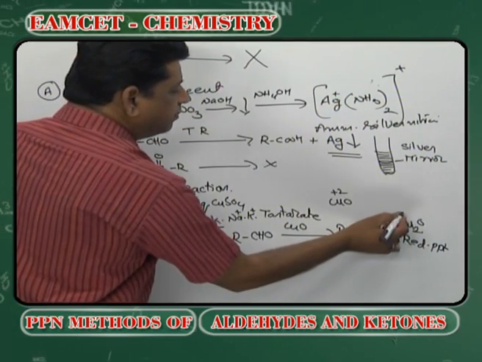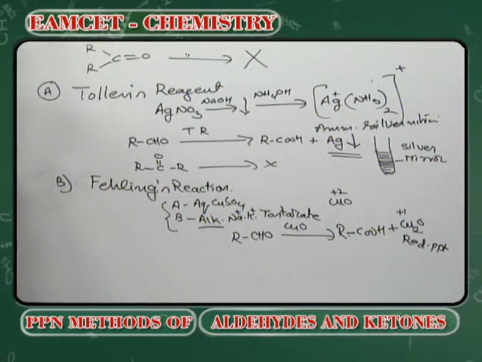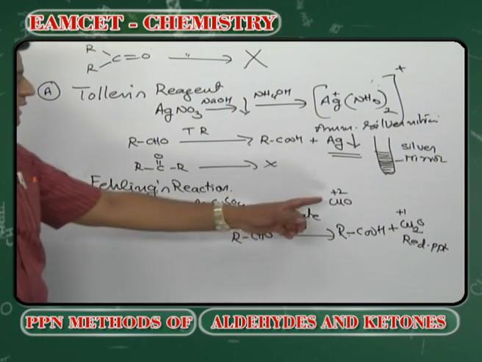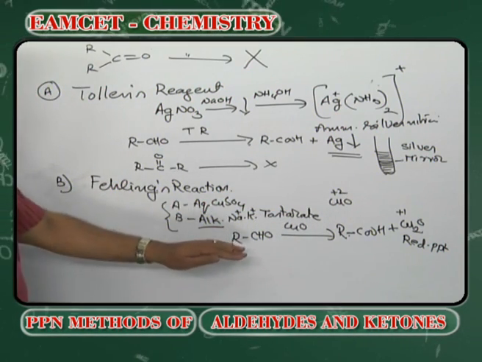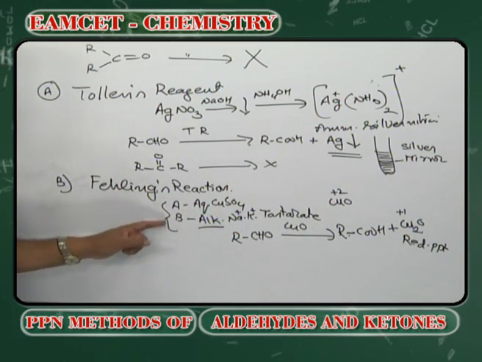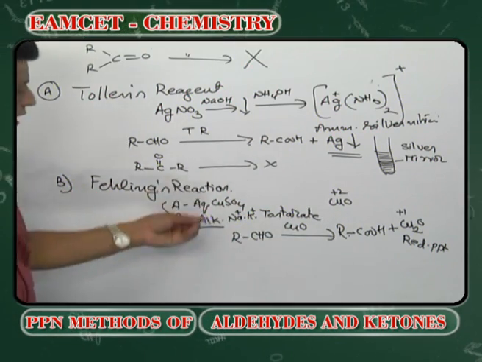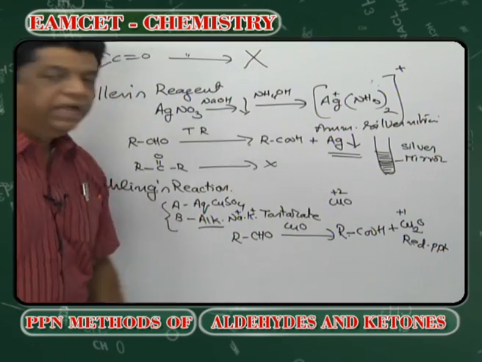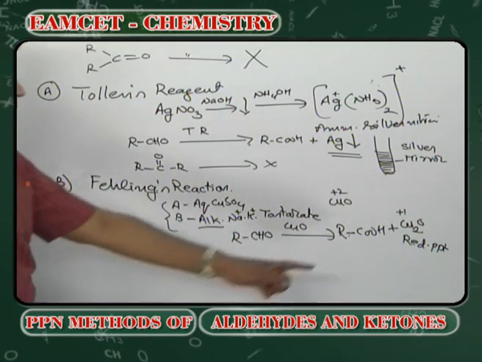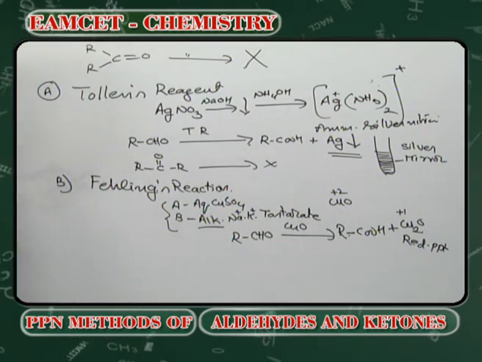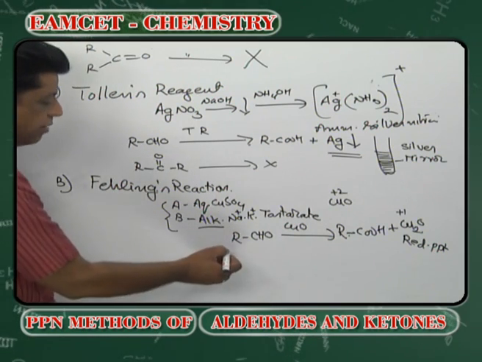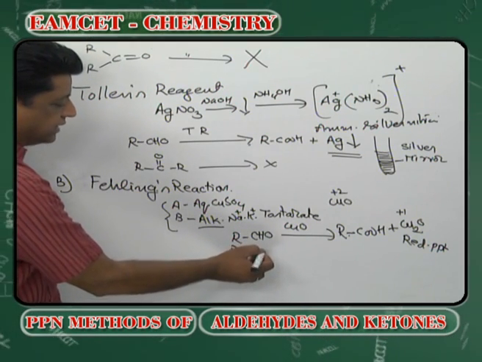The copper is in the plus 1 state, so it is known as cuprous oxide. Cupric oxide is the blue colored one. When you mix A and B you get blue cupric oxide, and when you add it to the aldehyde it becomes a red precipitate, cuprous oxide. With a ketone, the same reaction gives no reaction.